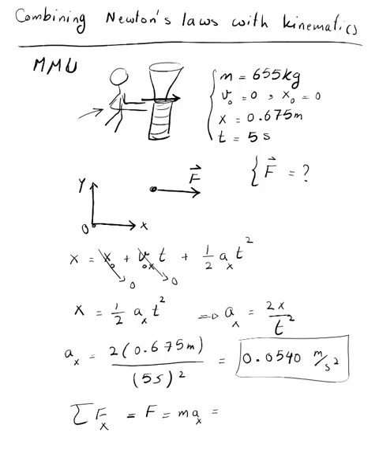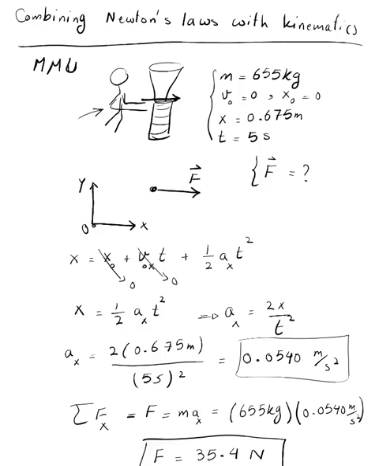I'm going to multiply 655 kilograms by 0.0540 meters per second squared, and then F is going to be 35.4. The unit for force is Newton, and obviously it is in the positive x direction because that is the only force.